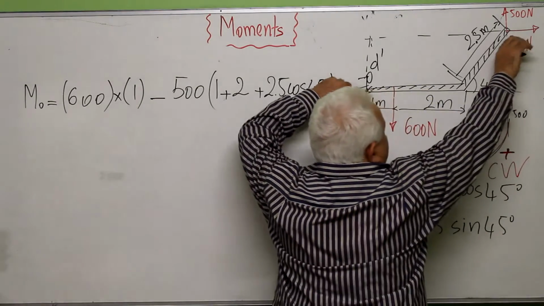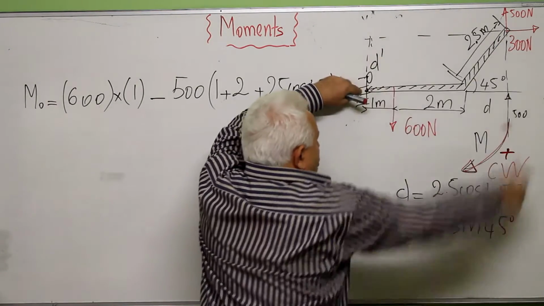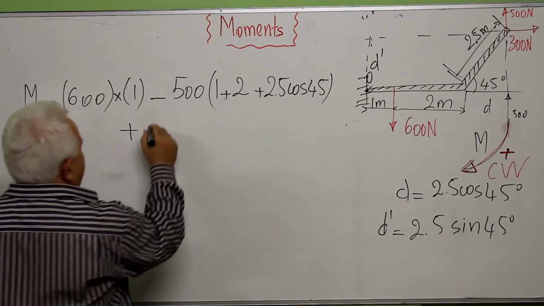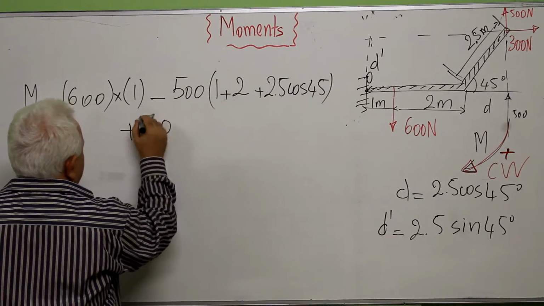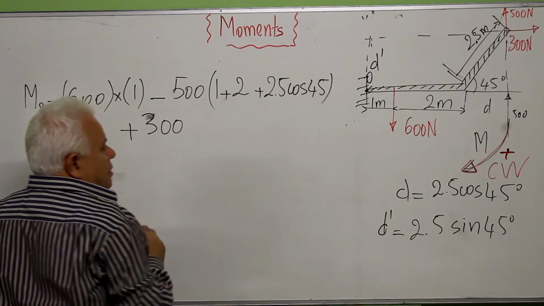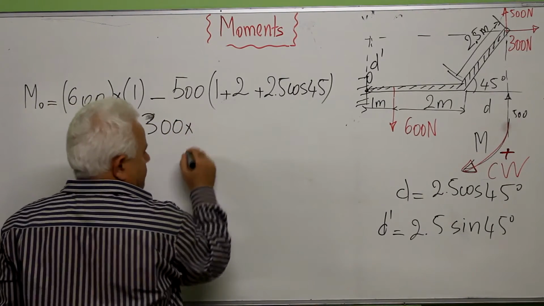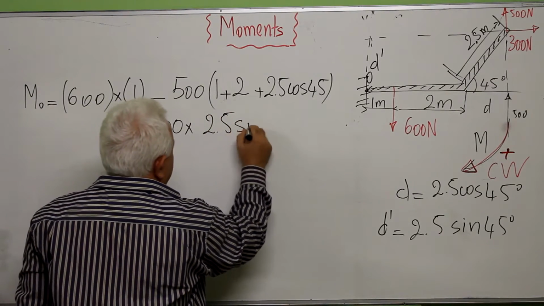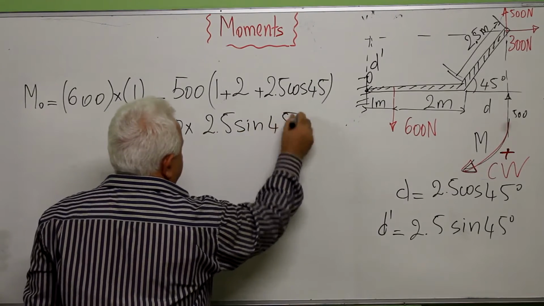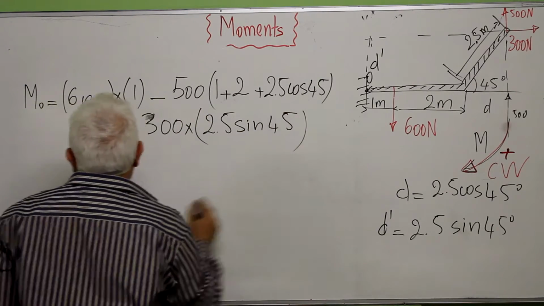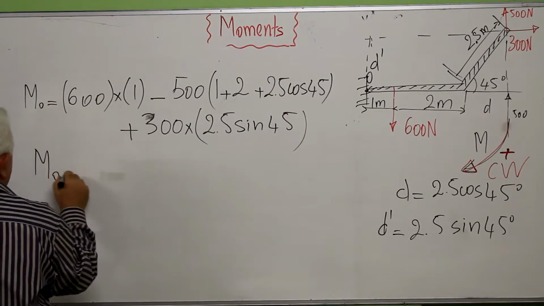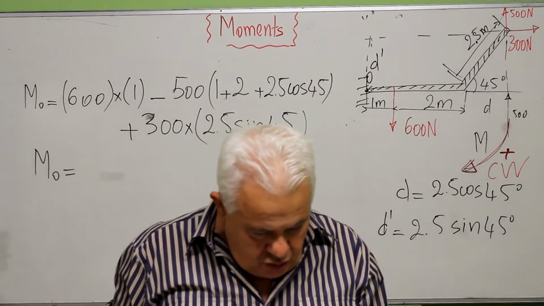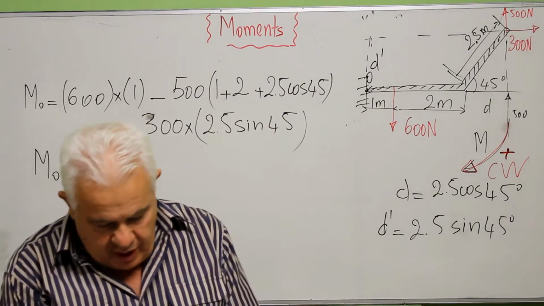And it is making the system turn clockwise, therefore I have to put plus 300 newtons times 2.5 sine 45.